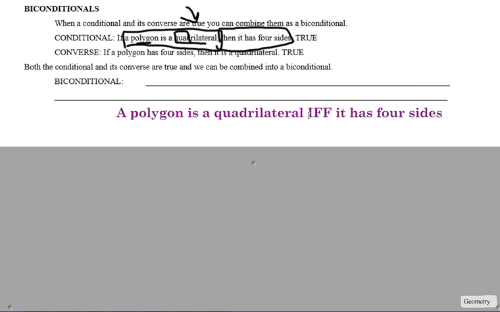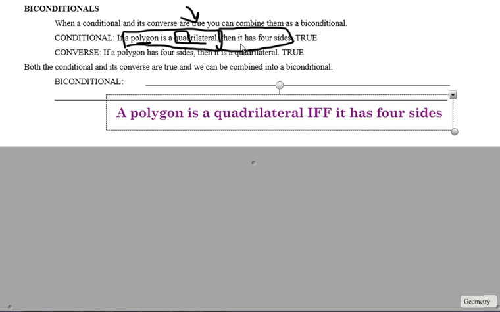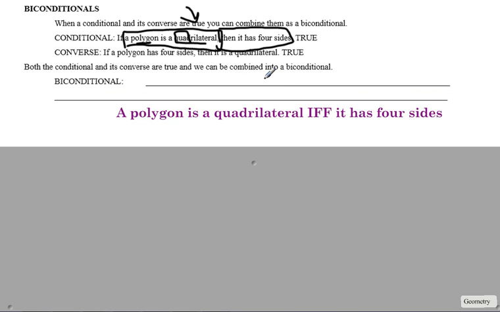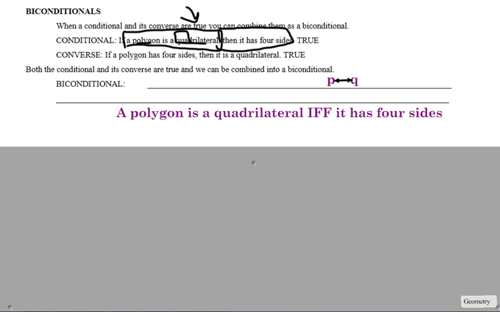Okay, so a polygon is a quadrilateral IFF it has 4 sides. This IFF means if and only if. If you want to write out if and only if, that's fine, but we abbreviate it like this.